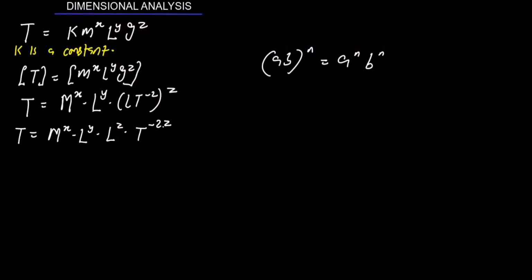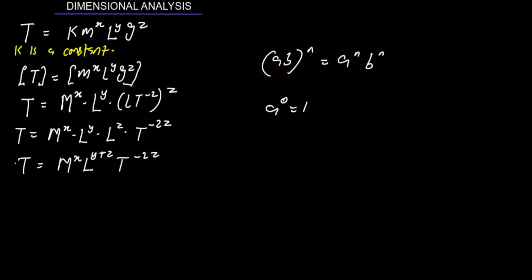All right. So I'll say T equal M to the power of X. By the law of indices, I have L, I'll pick one and add the powers together to be Y plus Z. Then I'll have T raised to power minus 2Z. Now take note of something here. Do you remember in mathematics that a number raised to power 0 equals 1? Look at this left hand side.